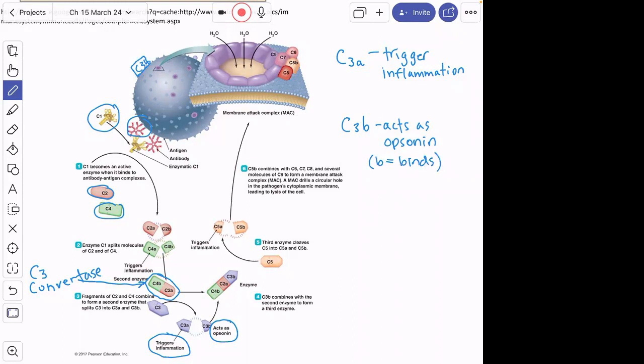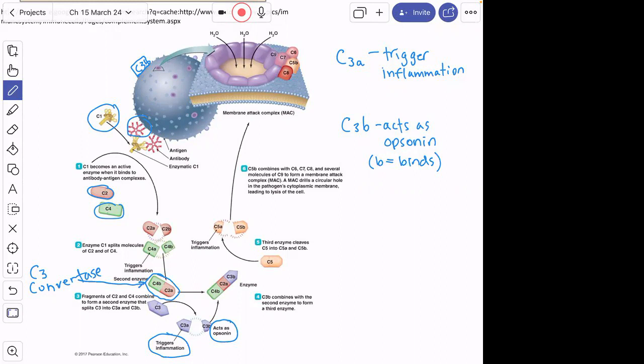So it binds up here to the pathogen, and that again helps the pseudopods have something to hang on to, and is going to be more likely to phagocytize that pathogen. A good analogy is, if you've ever been on the climbing wall here at Grand Valley, I don't know, it's in this building somewhere, I forget. But you know, you can't climb the wall unless you got something to hold on to. So this is a foothold or a handhold if you're on that climbing wall.